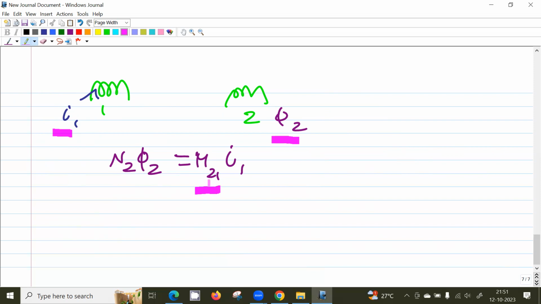If I decrease the distance between these two coils, what will happen to M21?